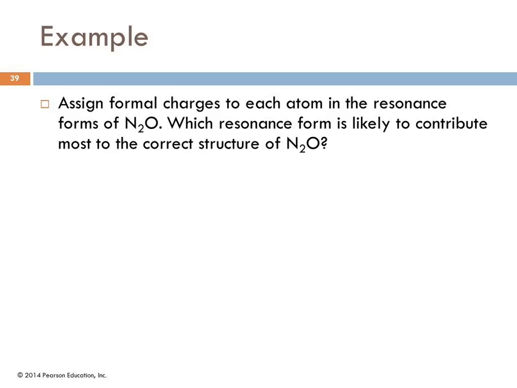How about let's try something symmetrical? We could try nitrogen, oxygen, nitrogen, and see what we get. How else could we connect those? We could put the 2 nitrogens together, right?